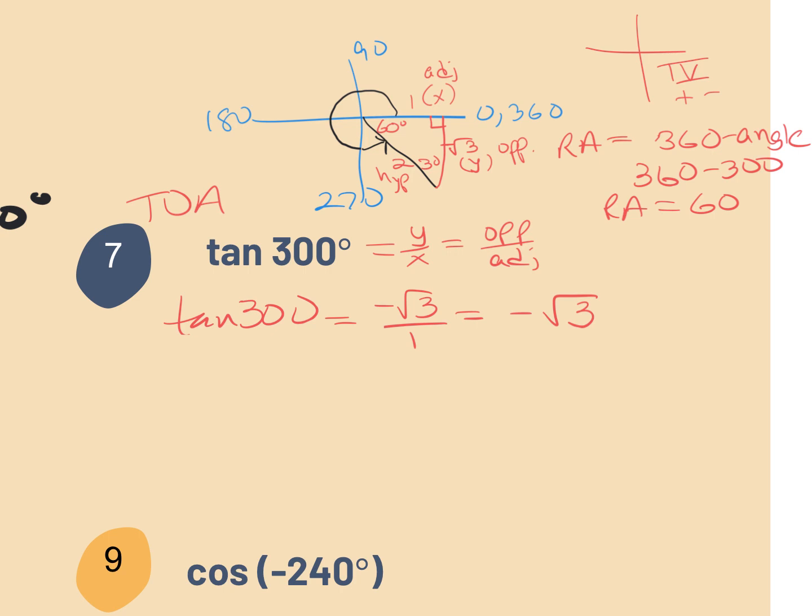Because really what we're doing here also is the tangent of 60. It's the same thing. So there's always going to be two angles that have this same value. So in this case, to get negative square root 3, I'd also have to do the tangent of 60 degrees. So let's try the next one.